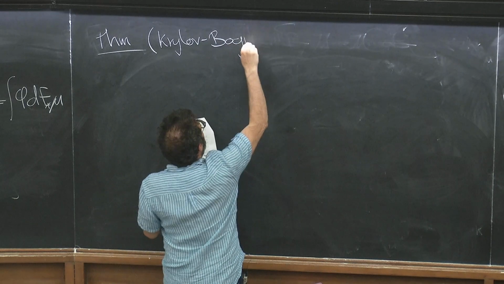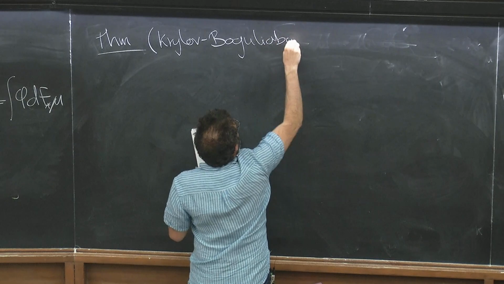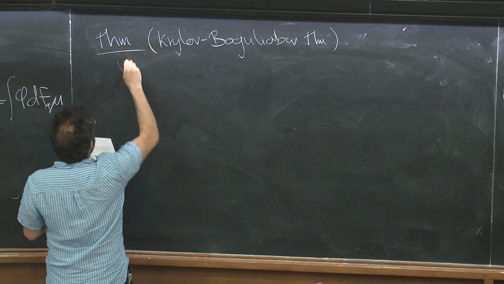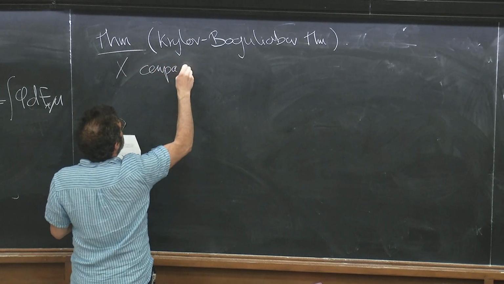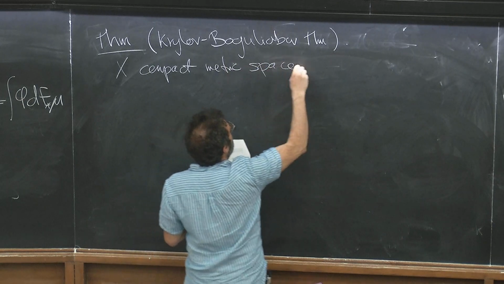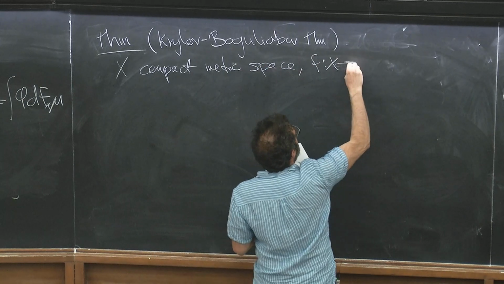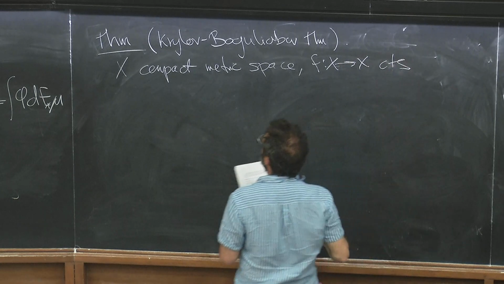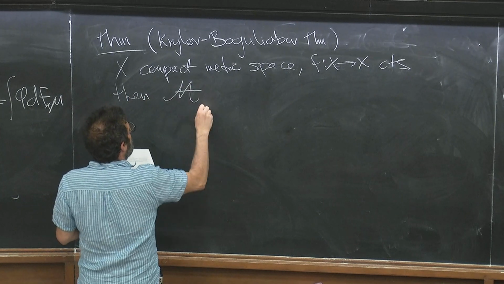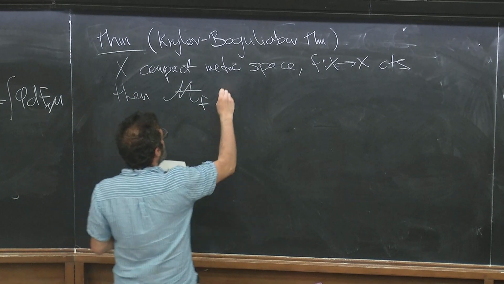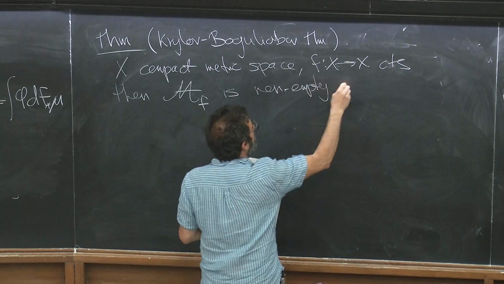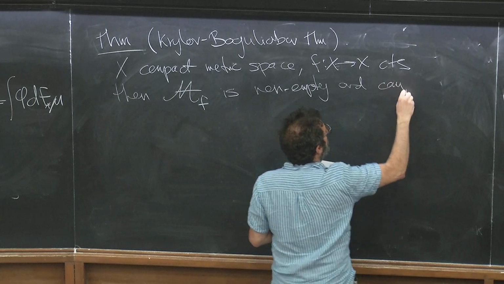I don't know if I'm pronouncing this exactly right, but the theorem says that if X is a compact metric space and f is continuous, then the space M_f of invariant measures is non-empty and compact.